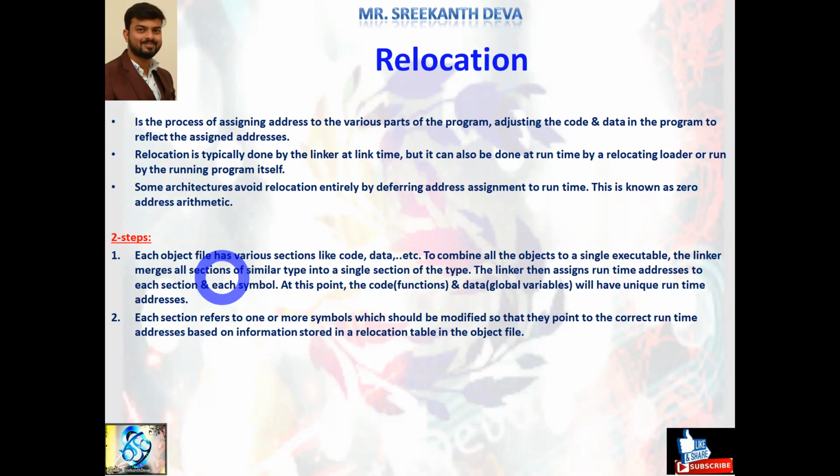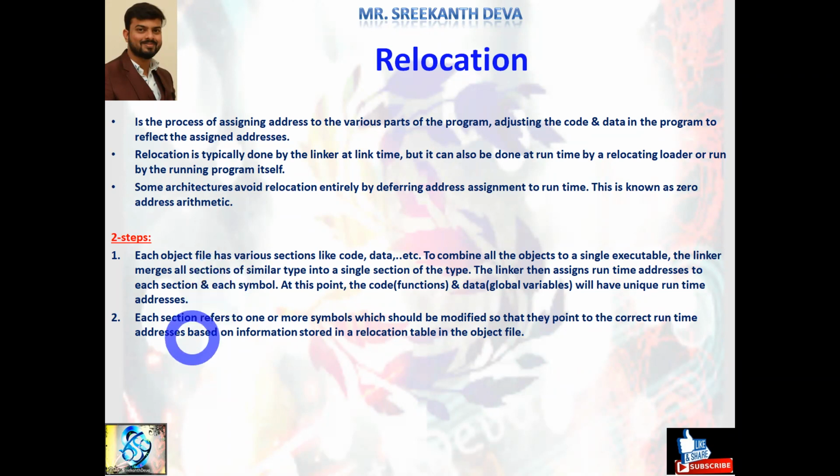To combine all the objects into a single executable, the linker merges all sections of similar type into a single section of that type. The linker assigns a runtime address to each section and each symbol at this point. The code, which is nothing but functions, and data like variables will have unique runtime addresses.